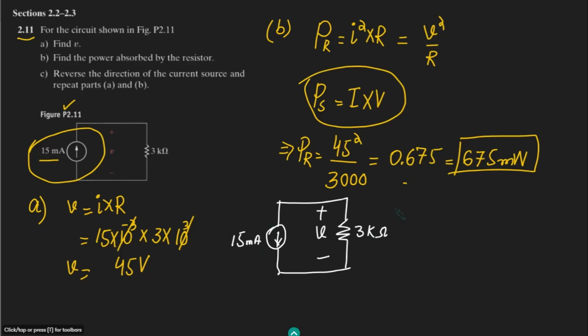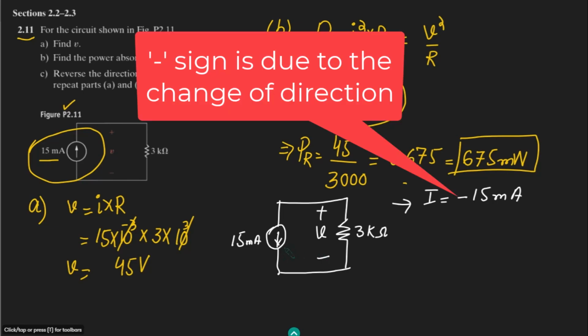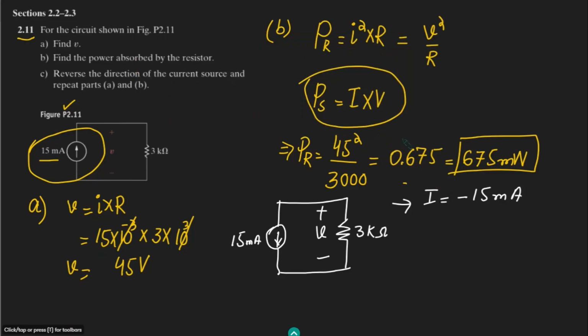Therefore, the value of current is now minus 15 milliamps. By changing these values, all the previous values will be negative, so we will write the value of I equal to minus, and V will become minus 45 volts. What does it mean?